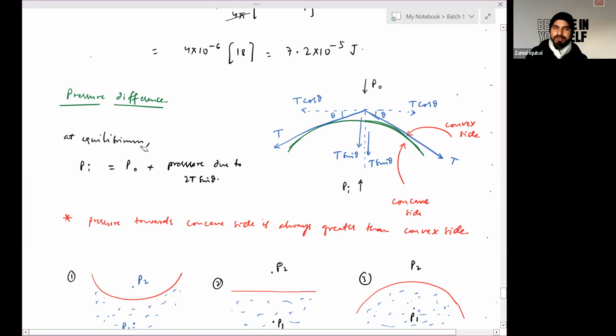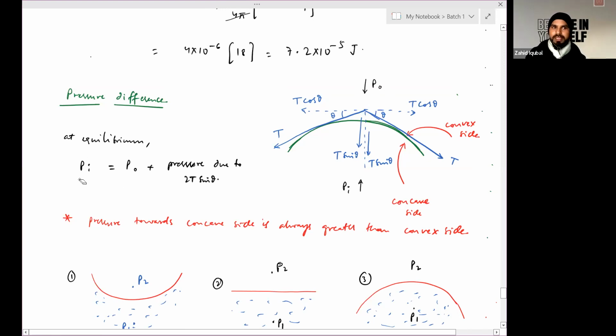So at equilibrium, the component of surface tension acting towards downward must be acting as some pressure towards the downward direction. And these two pressures are balanced by the pressure from inside, Pi.